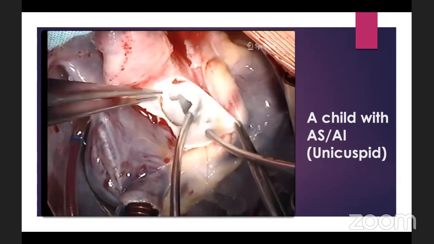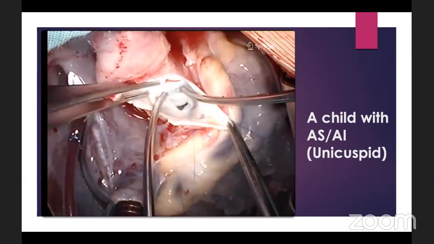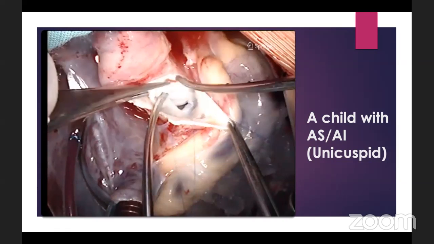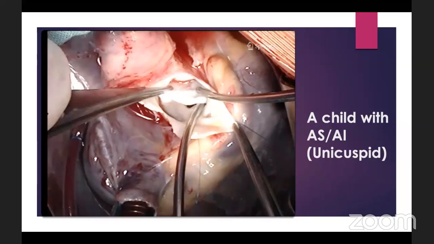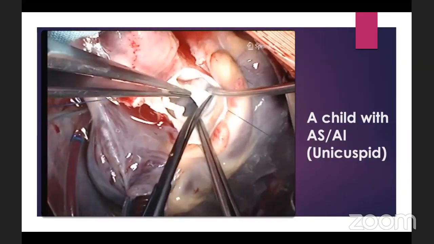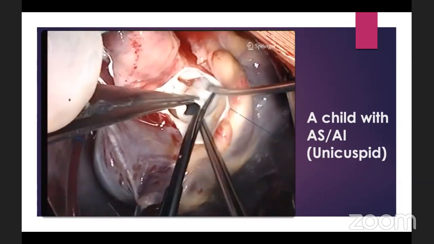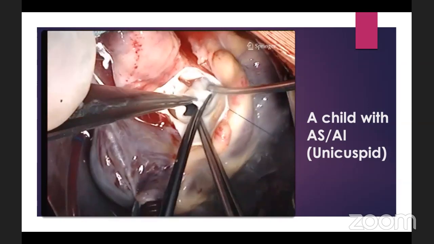Now, it's not a redo. You see the irregular tear there of the leaflet off the annulus and in the right side. So the balloon really just opened that area irregularly, leading to the progressive regurgitation. So what we'll try is to mobilize this part of the leaflet.